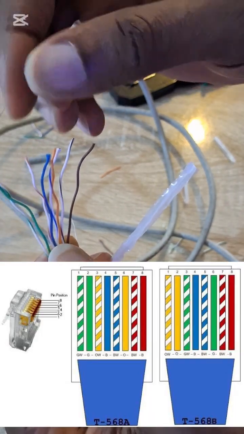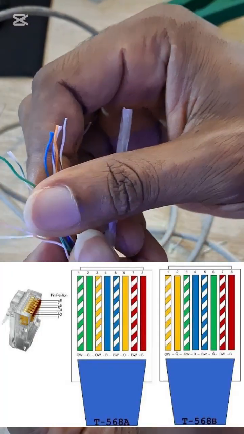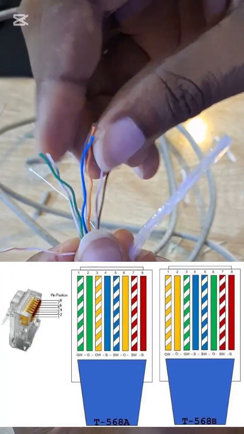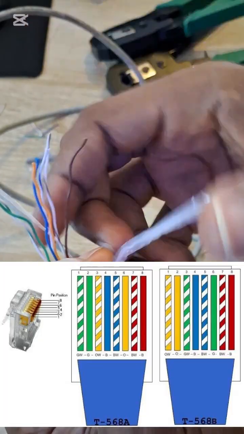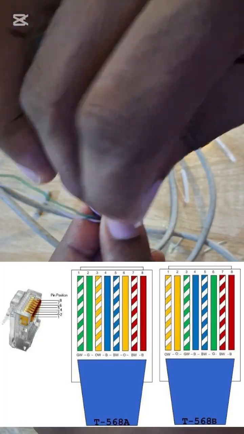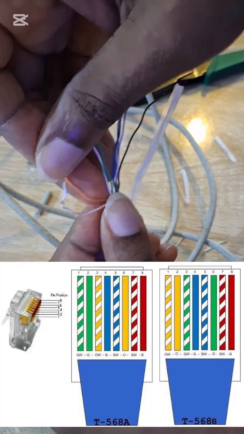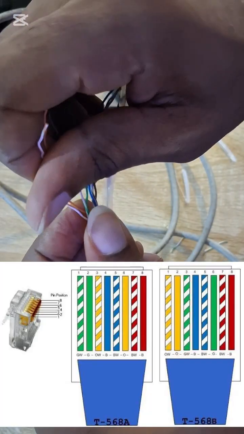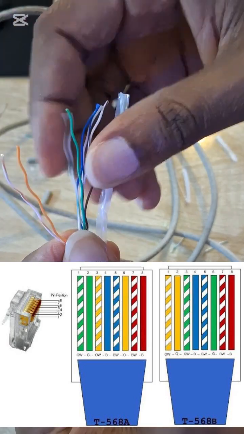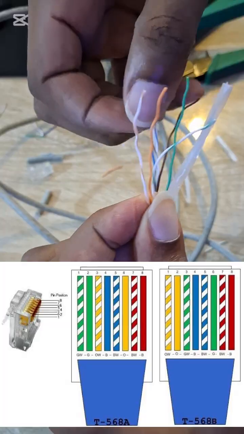So type B starts with white orange, orange, white green, blue, white blue, green, white brown, brown. Sorry, let me get this straight.